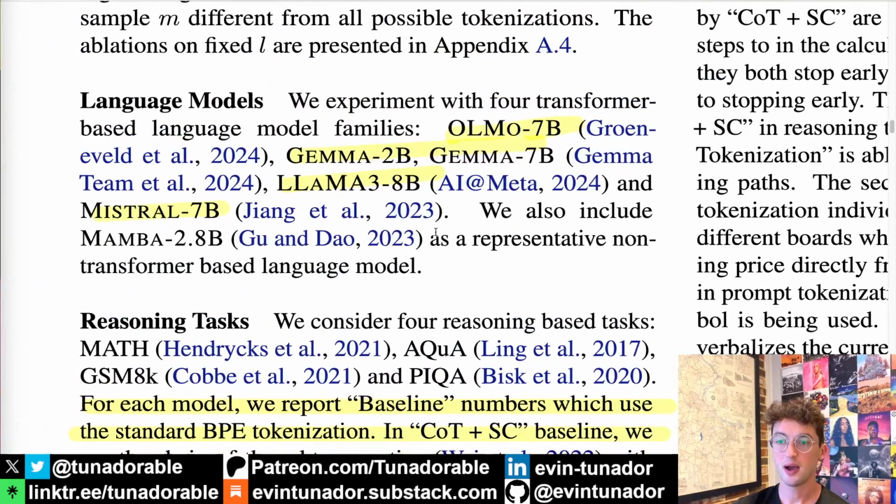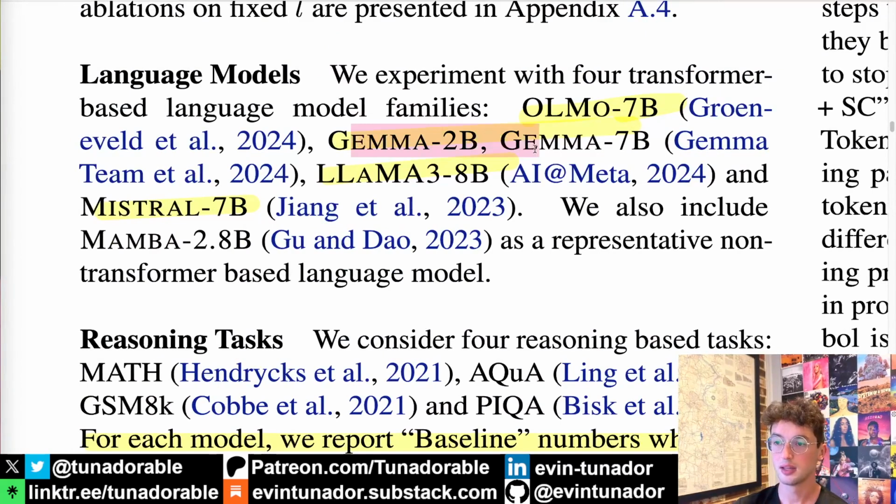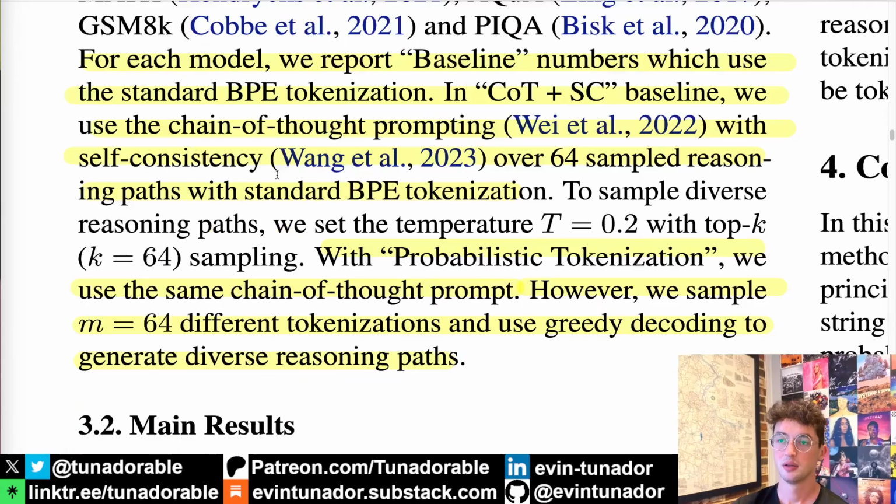So they're going to try out these different token prompts with a couple different models, most notably the original Gemma and Llama 3 8 billion and Mistral 7B. And for each model, they'll report the baseline numbers, which use the standard BPE tokenization. And just for sake of not comparing to no method at all, they do compare against chain of thought and self-consistency baseline as well.